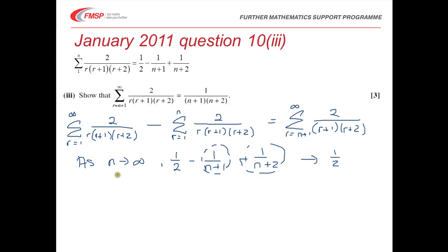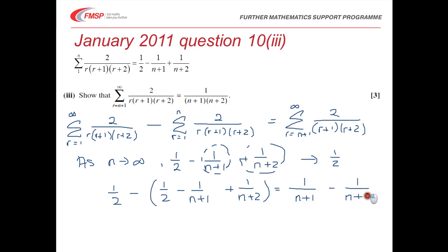Going back to this, we're going to have a half minus the sum that we had from 1 to n terms, which was a half minus 1 over n plus 1 plus 1 over n plus 2. You can see what's happening: the halves cancel out and you get 1 over n plus 1 minus 1 over n plus 2.